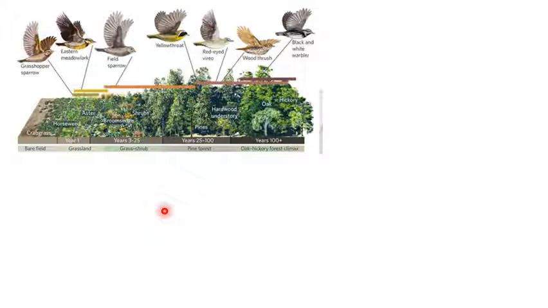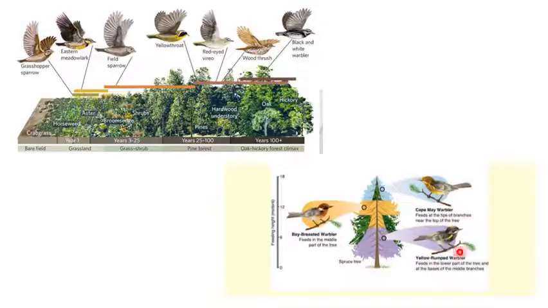In other cases, there are animals that coexist. If you look at this picture, let me give you this example here. It's a pine tree. You can see all these birds are from different species, but somehow they have adapted to avoid the competition, each with its own niche living in a particular region. The yellow-rumped warbler feeds in the lower part of the tree and at the bases of the middle branches.